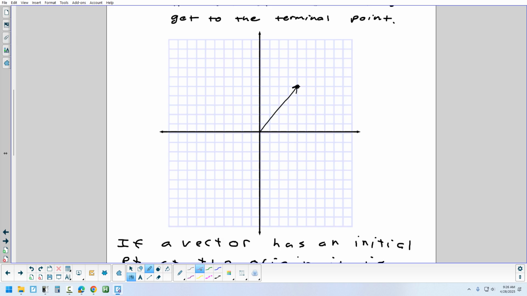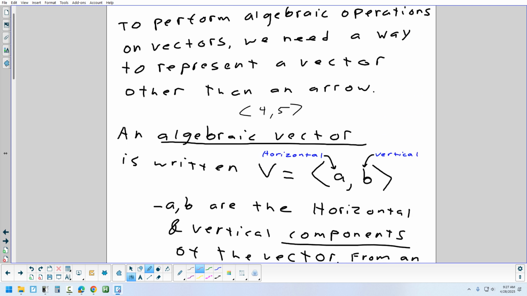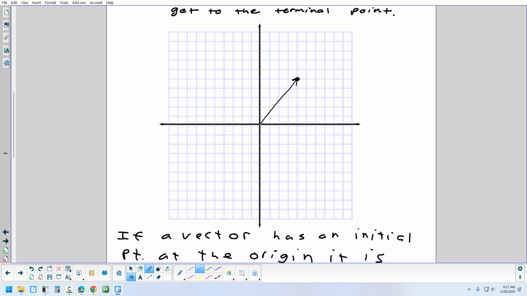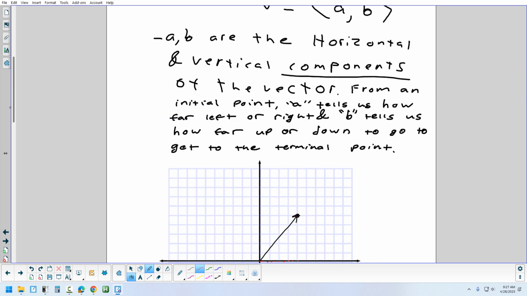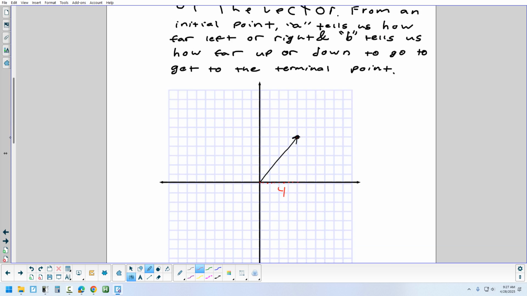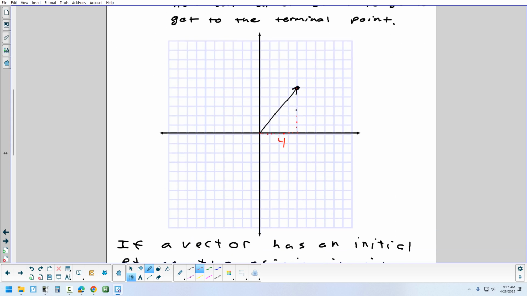What the 4 means is that is the horizontal component. That means to get from here to here, I need to go 4 units horizontally, and the 5, second number, that's the vertical component. That means I need to go 5 units up. So you can think of the 4 and the 5 like directions, how to get from the initial point to the terminal point.